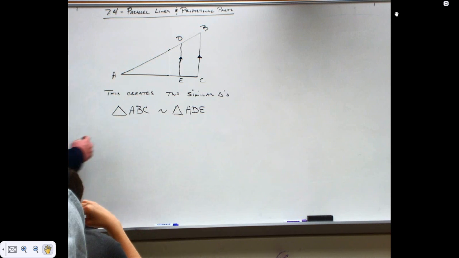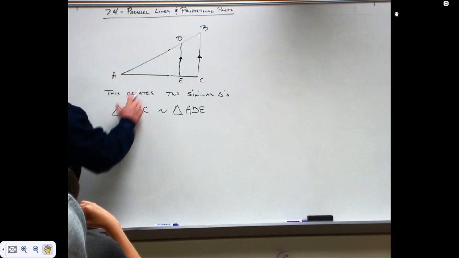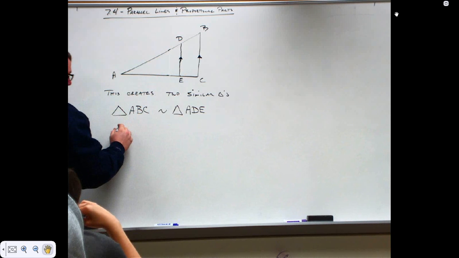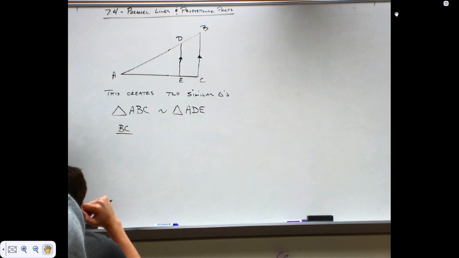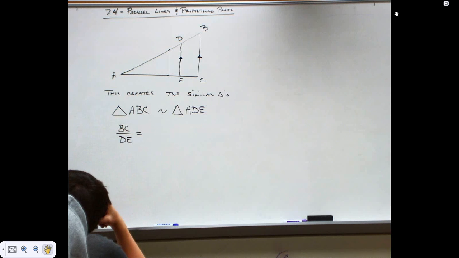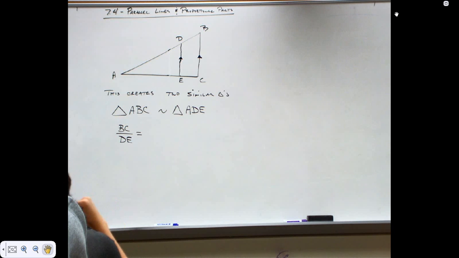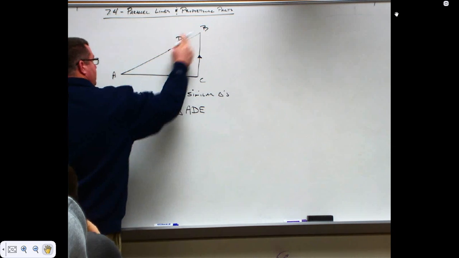Would you agree with that? Okay, so let's write the proportional parts. First of all, let's go with the larger to smaller. BC over what? What corresponds to BC? DE. That would equal, well now I need to write two more corresponding. And here's where you're going to have to be a little creative in the way you look at this. What corresponds to this side right here?